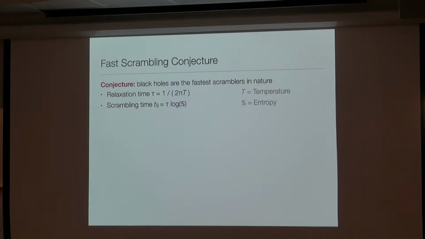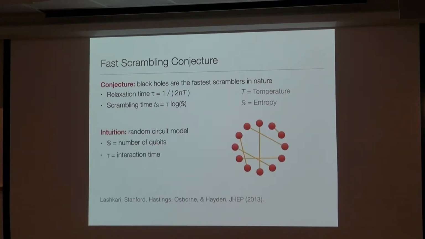So this is a conjectured limit. To get an intuition for where it comes from, because I'm more of a qubit person than a gravity person, I'm going to give you an idea how to understand this by thinking of the system of entropy S as a system of S qubits.